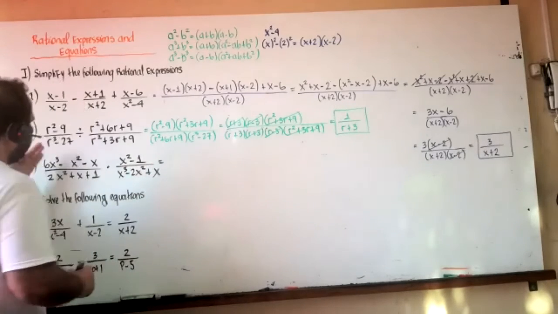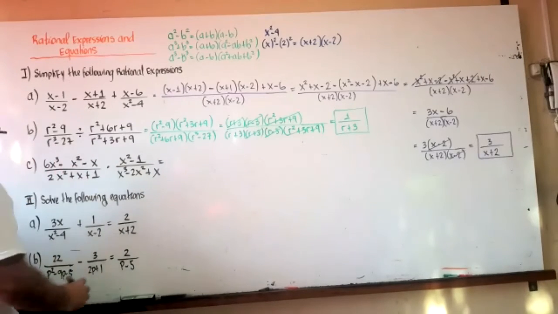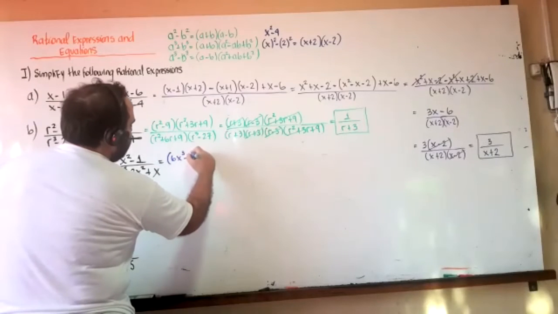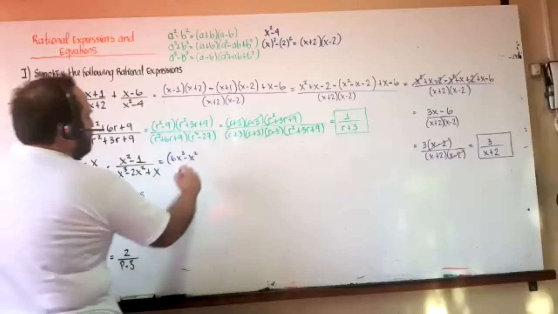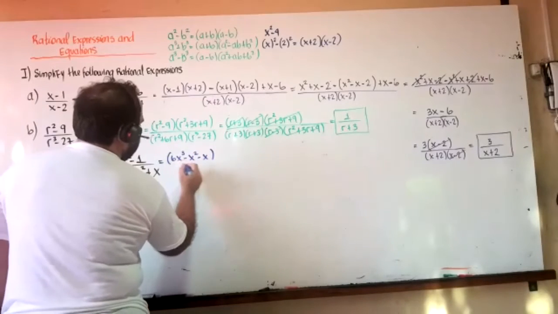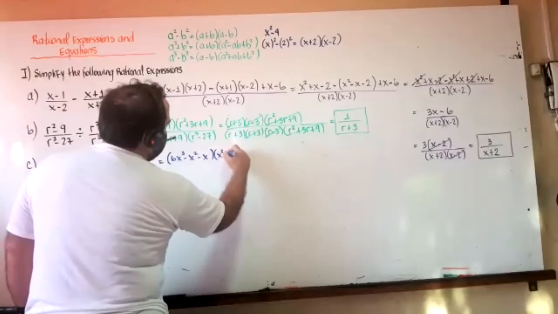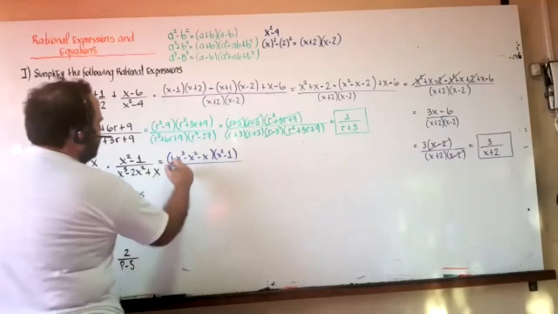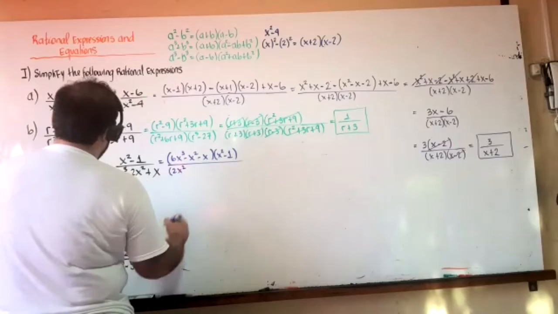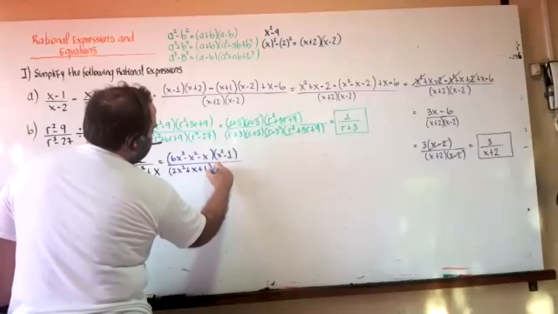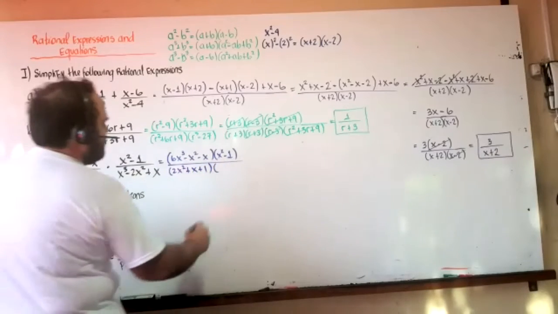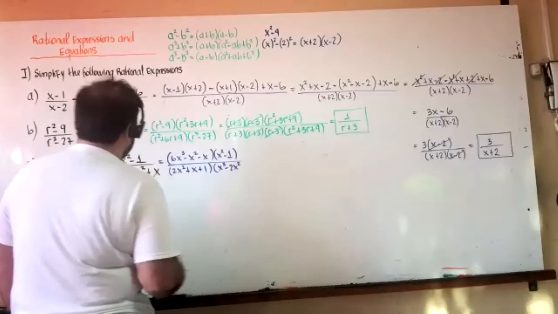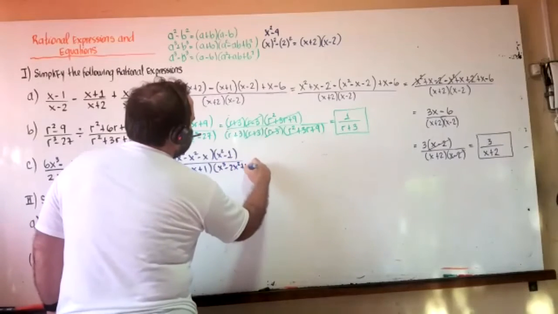For example, numerator by numerator, denominator by denominator. I mean, parentheses, 6x cubed minus x squared minus x, multiplied by x squared minus 1, over 2x squared plus x plus 1, multiplied by x cubed minus 2x squared plus x.